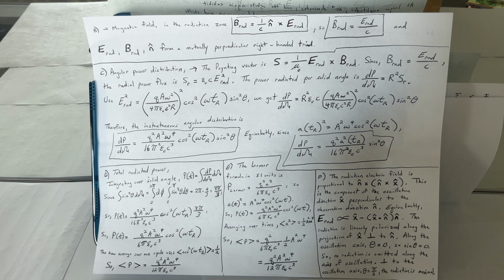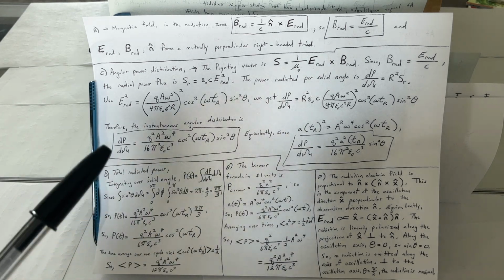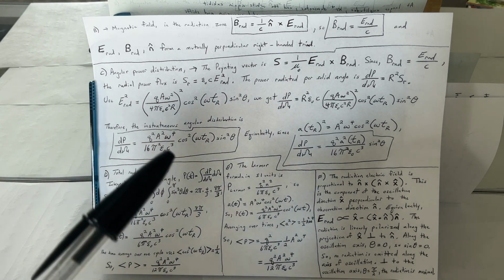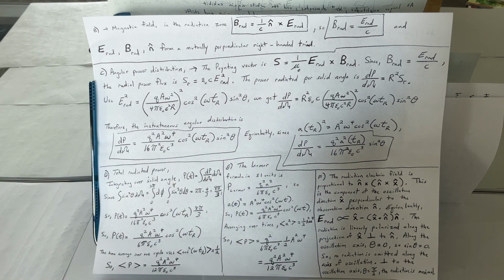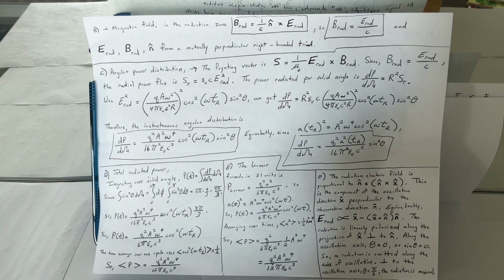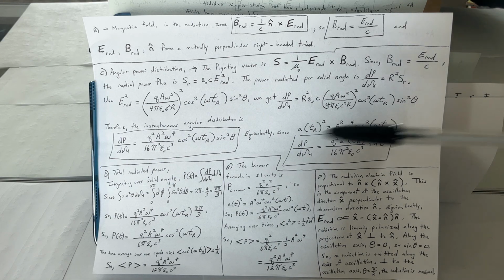So therefore the instantaneous angular distribution is this derivative of P with respect to Ω equals q² A² ω⁴ / (16 π² ε₀ c³) cos²(ωt_R) sin²θ.